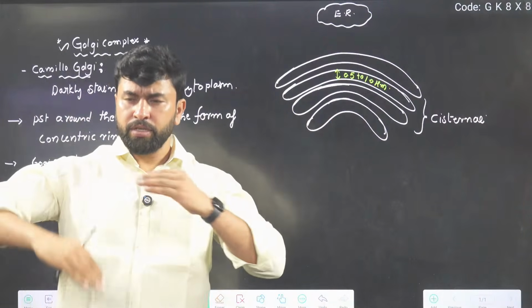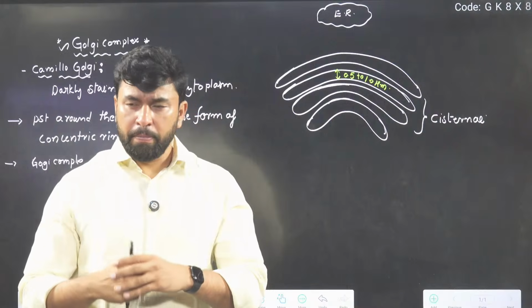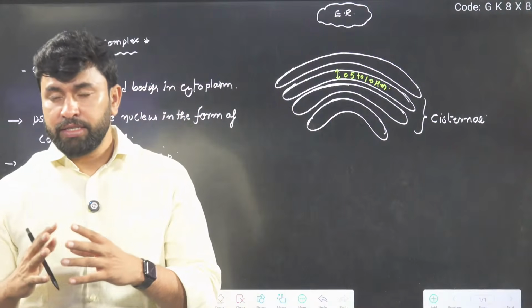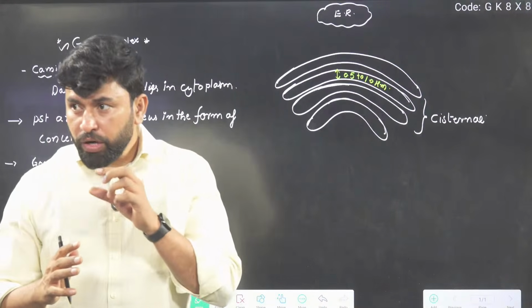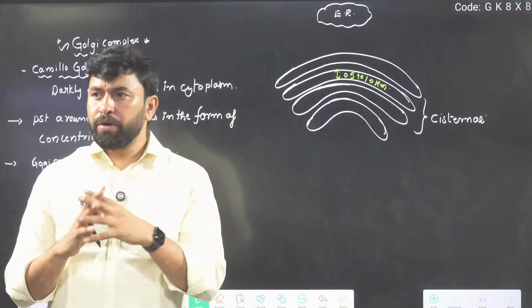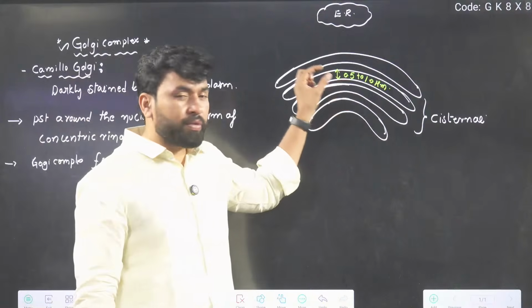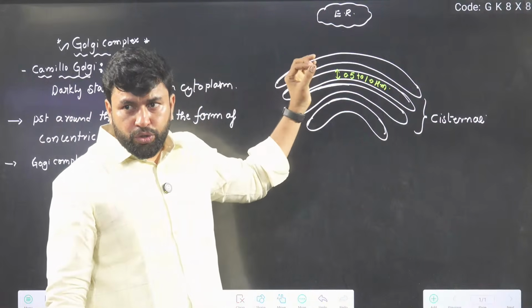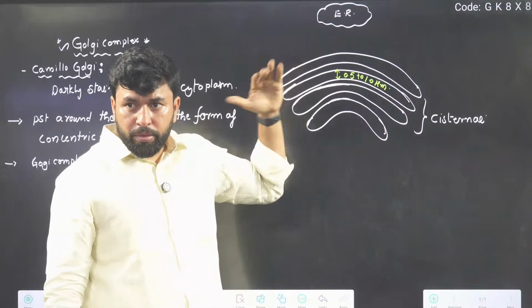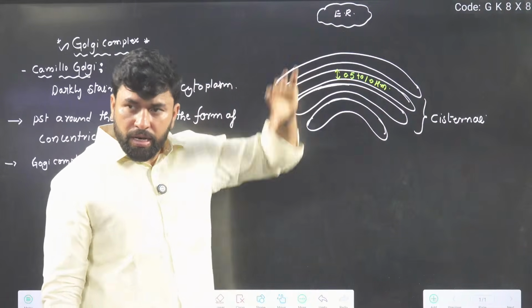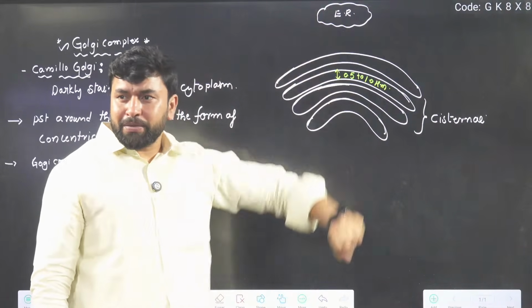Many tiny tubes, one on the top of another. That arrangement I am calling cisternae. Very good. In one tube, if you check, what components are present? The one tube diameter will be around 0.5 to 1 micrometer. Like that, many tubes will be present.